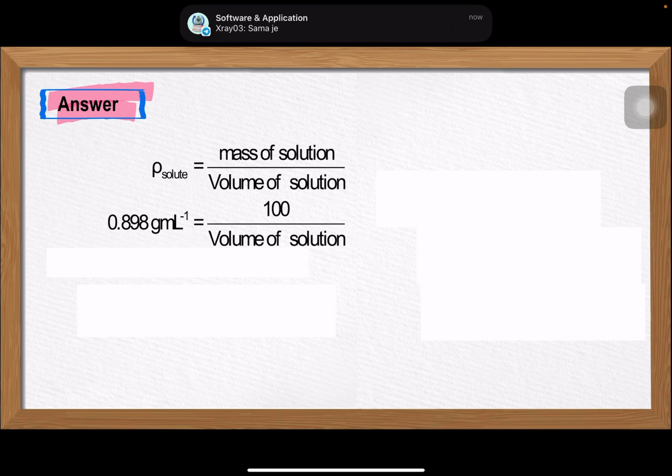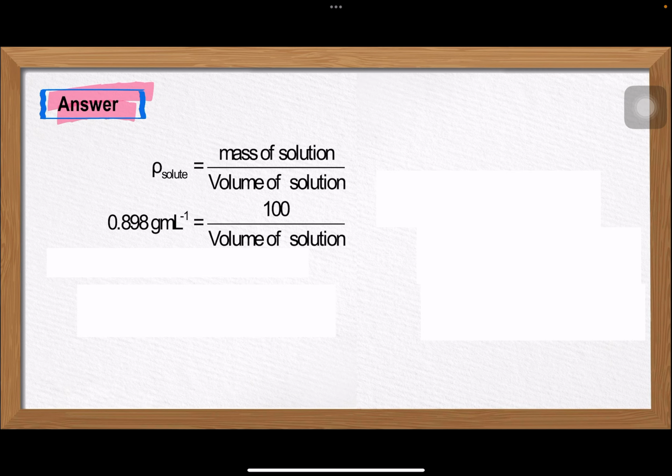So volume of solution we can identify from the density. Density has mass of solution. Mass of solution is 100 gram. We already made the assumption at first. So the volume of solution should be 111.36 milliliter.